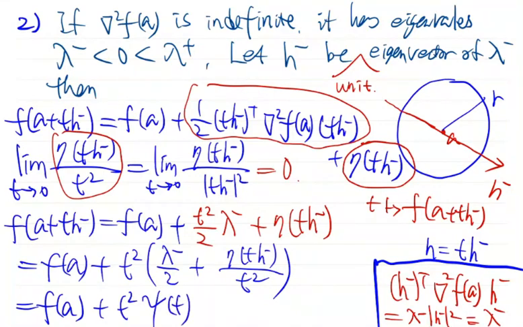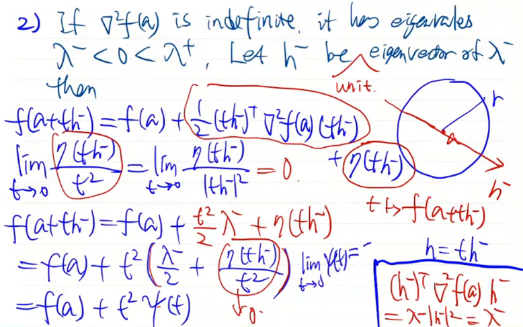H minus is a fixed unit eigenvector of lambda minus. This is a function of t, which we denote by small psi(t), and because this term goes to 0 as t goes to 0, the limit of psi(t) as t goes to 0 is half of lambda minus, which is negative.